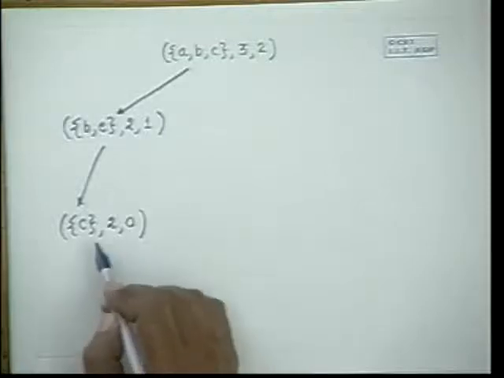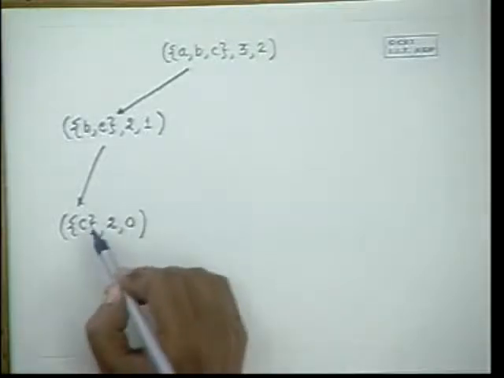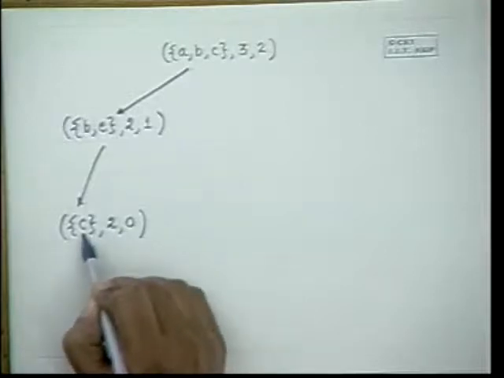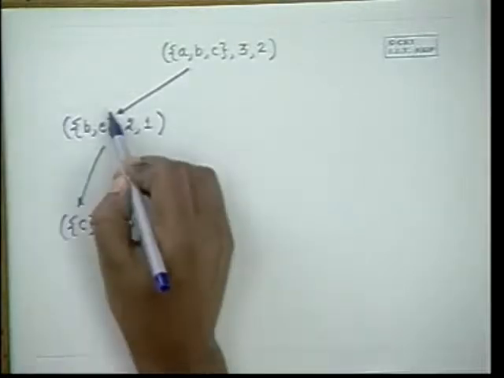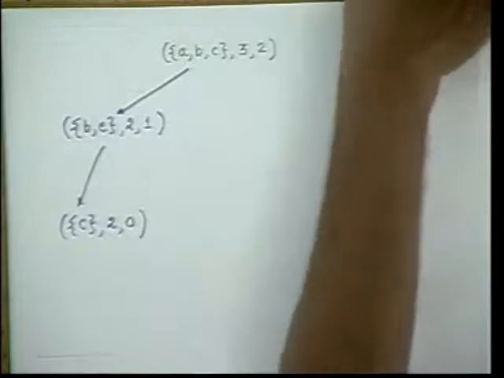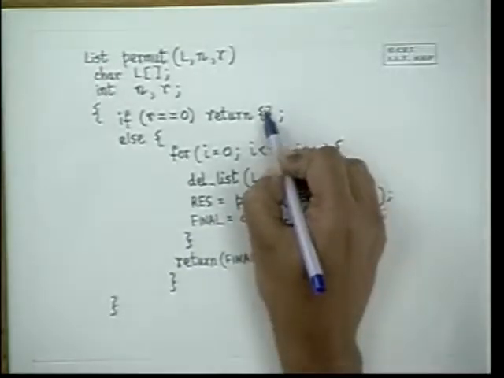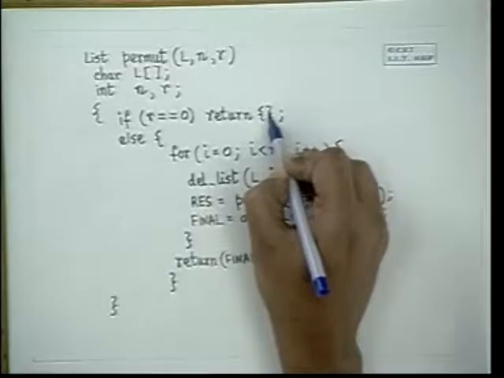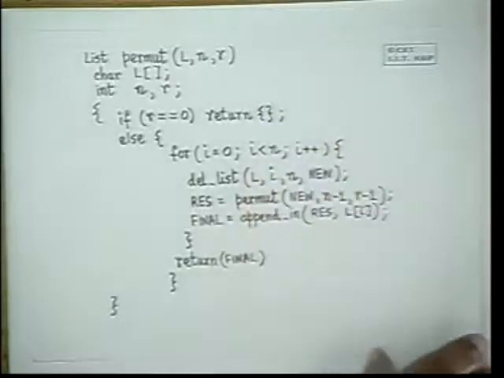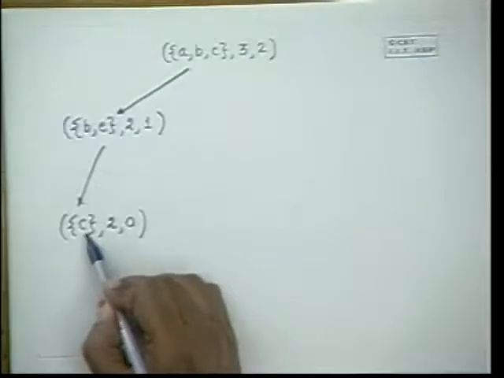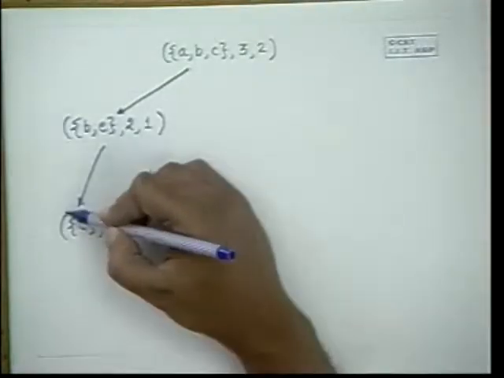But we are returning anyway. So when we are left with a single element, we'll return this element. Okay. When r is equal to 0, we actually return L. Whatever is L is returned. So here it returns null, isn't it?